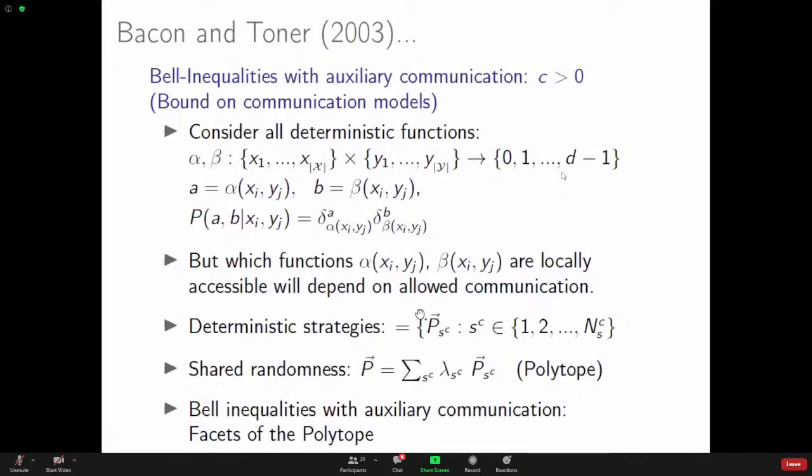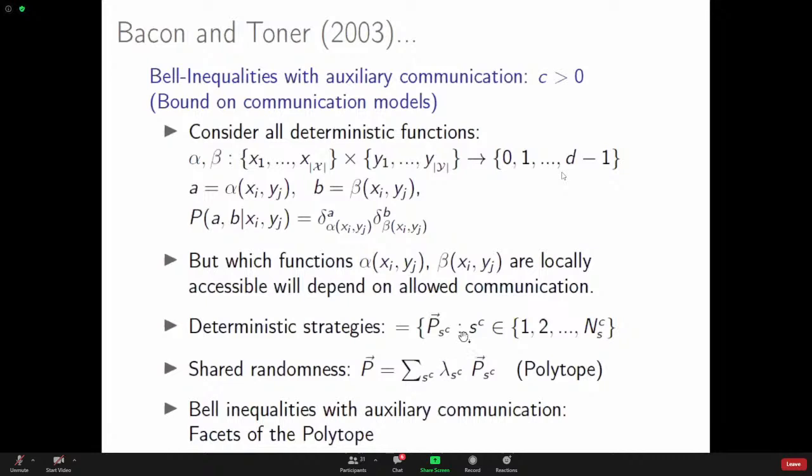So as we see that now this function will depend on allowed communication. Same as how we derive Bell inequalities, here also we try to find all the deterministic strategies.